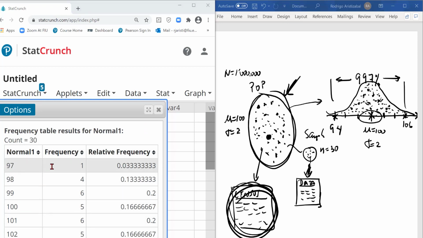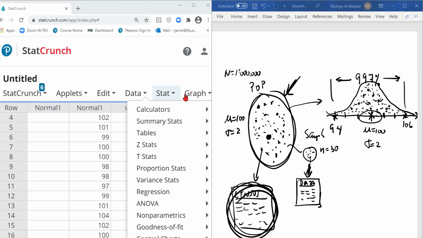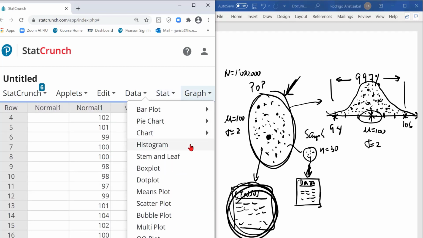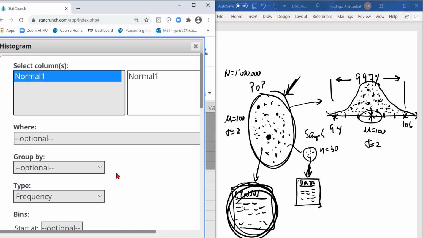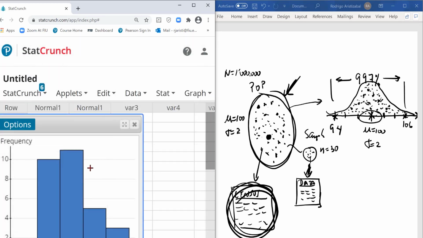The minimum value is 97, the maximum value is 105. Most of the values are located between 98 and 102. Also, we can obtain a histogram here in Graph, Histogram. My data is located in this column, Compute, and we have the histogram.